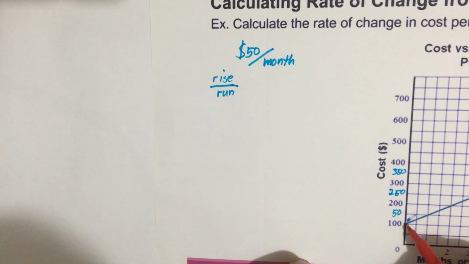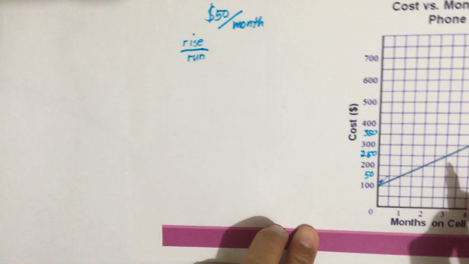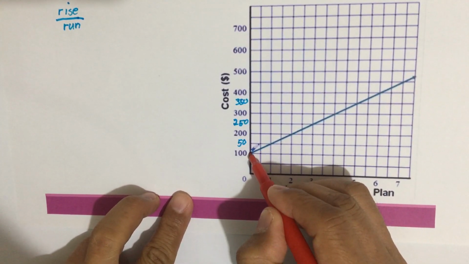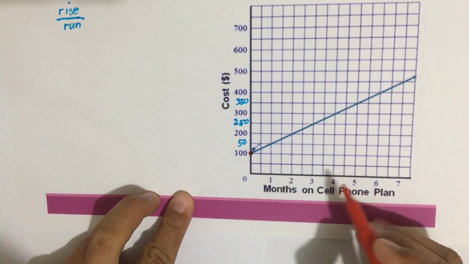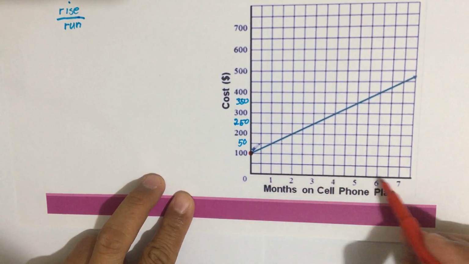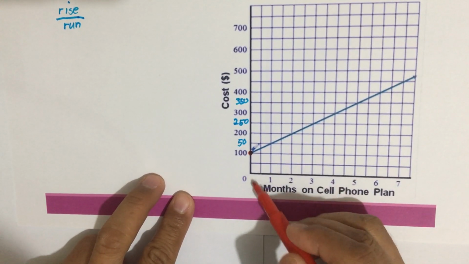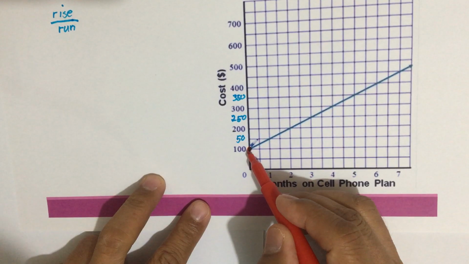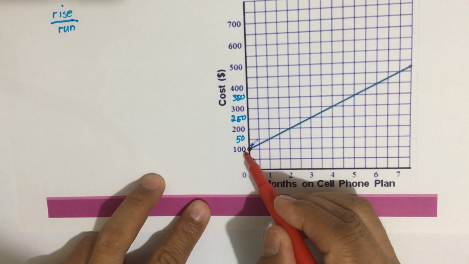For example, at this point here. We know that even before the service started, at 0 month, there's already a corresponding charge of $100.